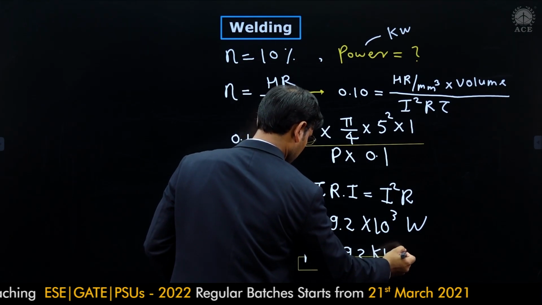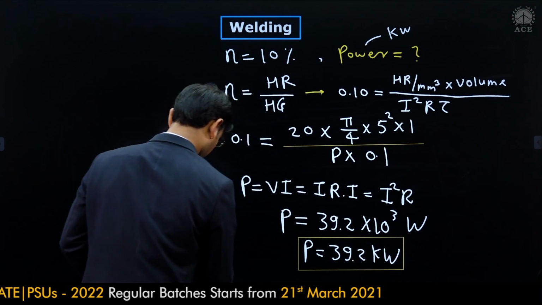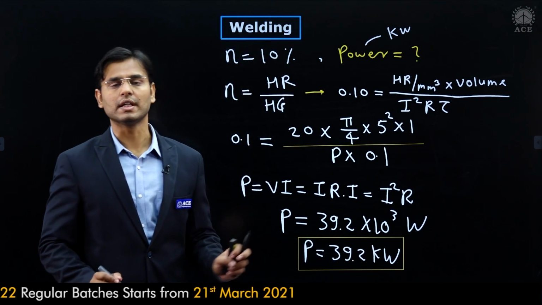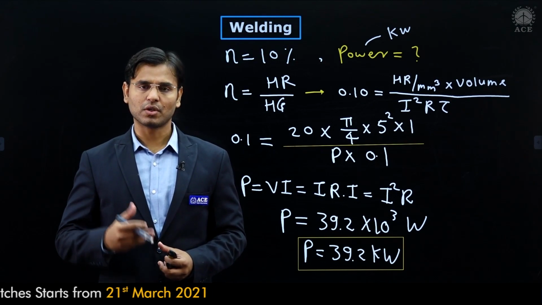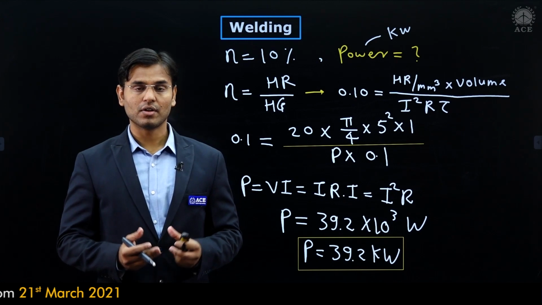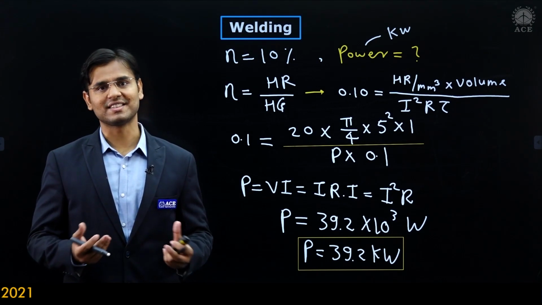This simple question is over. Finally they asked in kilowatt, and we calculated it. With this question, the questions asked in GATE 2021 on casting as well as welding are solved and finished. Thank you.